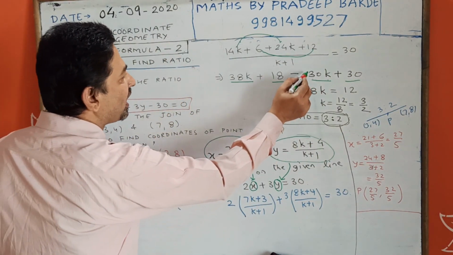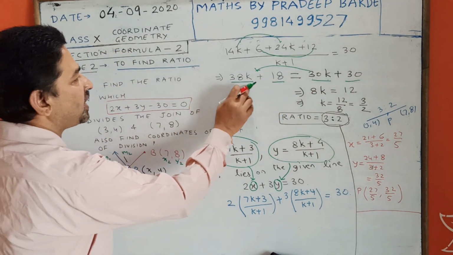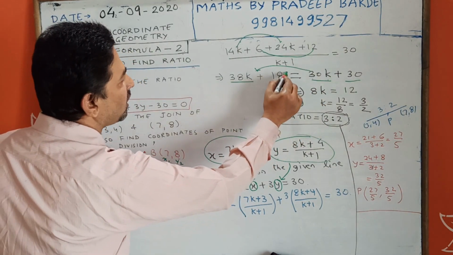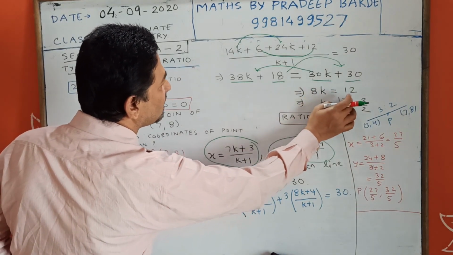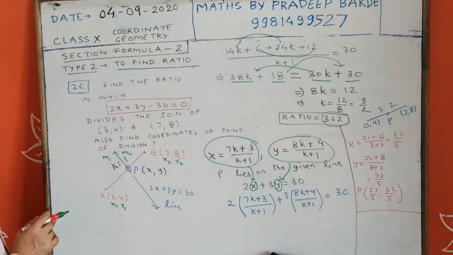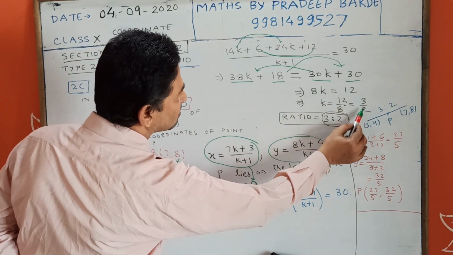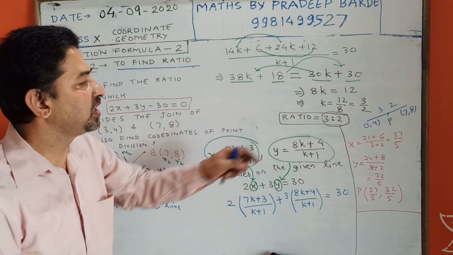Now 30k transposed to this side, इसको इधर लेकर आ गए, so 38k minus 30k we get 8k. 18 transposed to the other side, so we get 30 minus 18, which is equal to 12. So therefore k is equal to 12 by 8, that is 3 by 2. So the ratio is 3 is to 2.